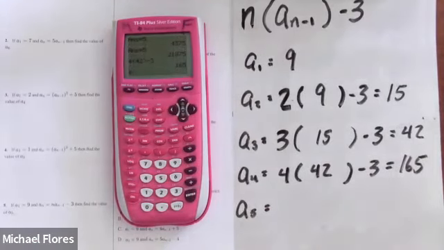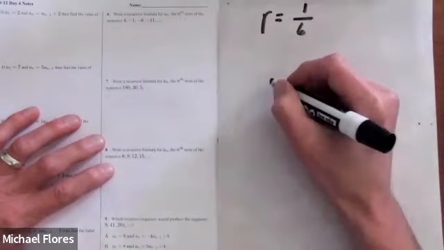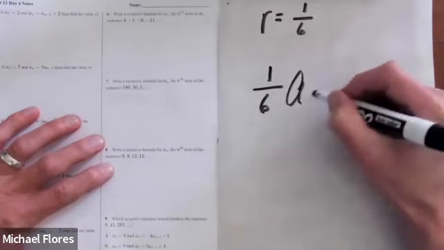For example 7, you may notice that they're dividing by 6 each time. So our ratio is 1/6. So if we were just to write a formula for this pattern, it'd be 1/6 times the previous term.